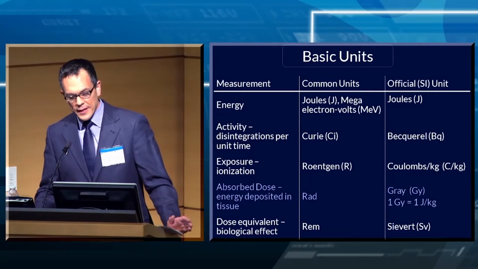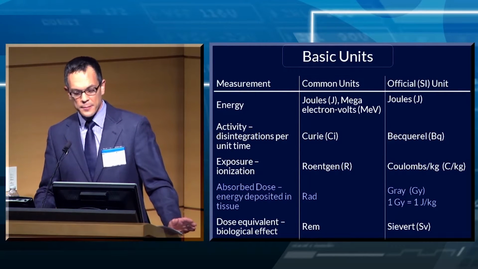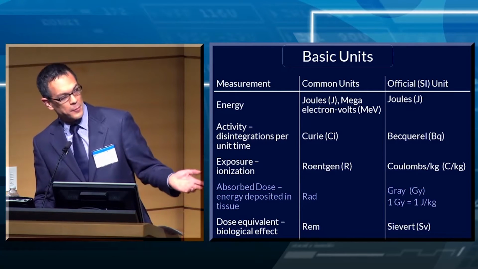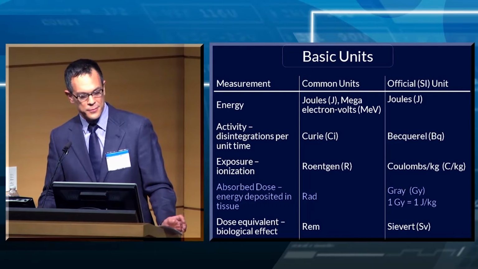When you're talking about radiation, there's a bunch of units and measurements to describe radiation that you need to understand. A lot of you in the audience probably already know these, but for those that haven't had a lot of radiation training, we'll go through them quickly.